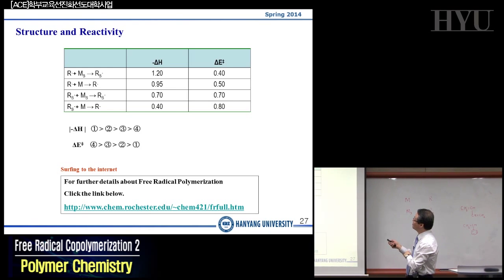Delta E increases from top to bottom. Delta H value will also increase from top to bottom. Oh, excuse me, from bottom to top.